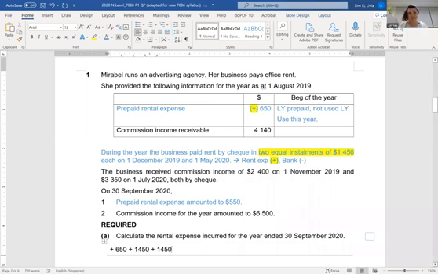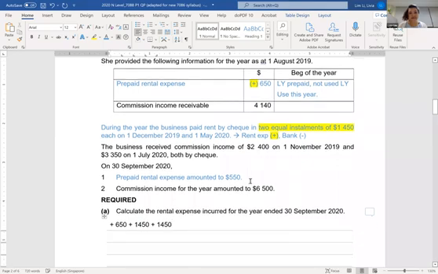Next one and the last piece of information I need to consider is at year end. So this is EOY, end of year. At the end of the year, the rental expense amounts to 550. So what is this rental expense at the end of the year? Paid. At the end of the year, I have paid, but not used. The key point is that it's not used.